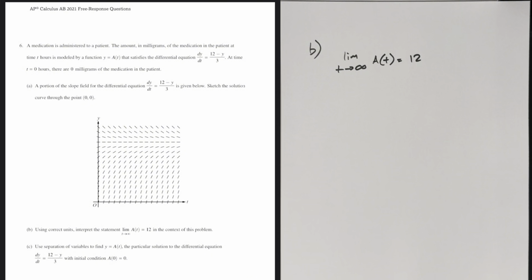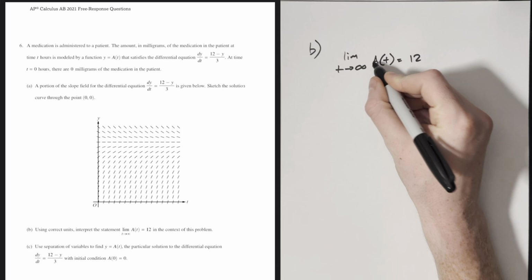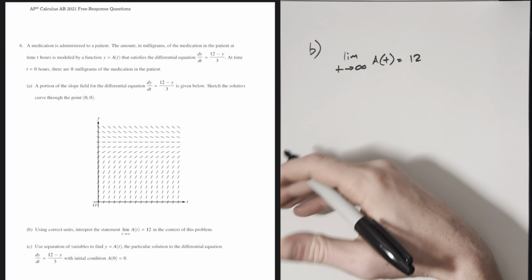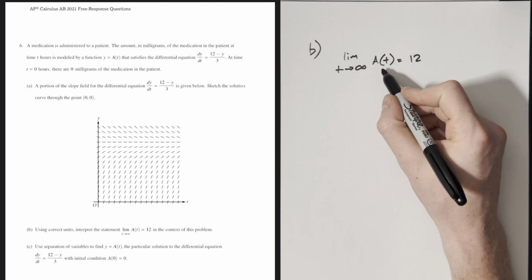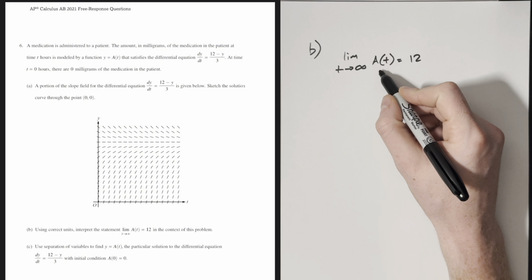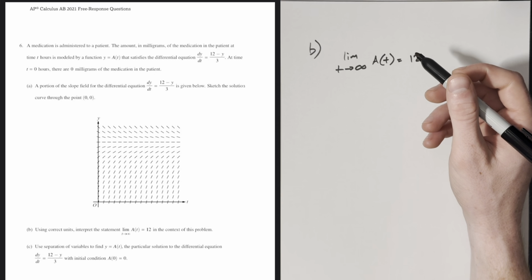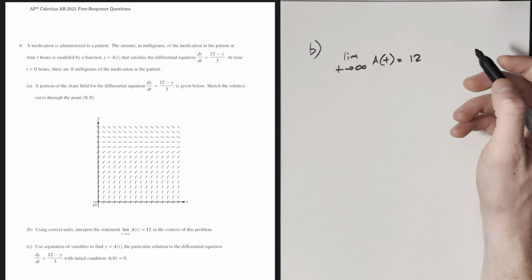Okay, well, let's think about it, right? In the context of the problem, we know that A of t represents the amount of medication that is in the patient, right? And it seems like as t approaches infinity, so as time goes on, the amount in milligrams of this medication will be 12.